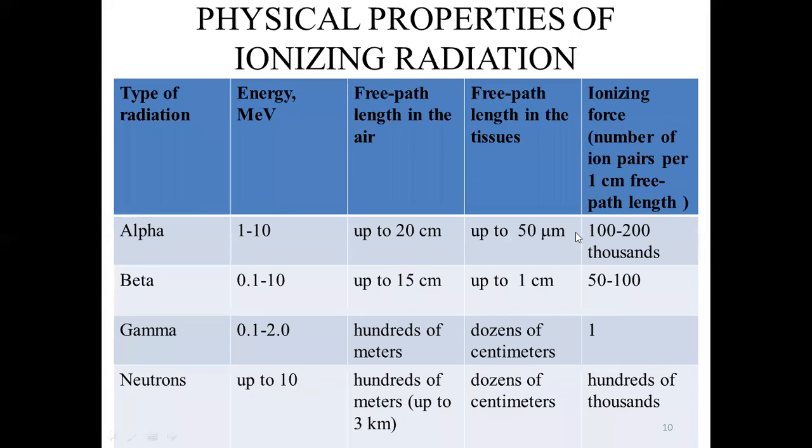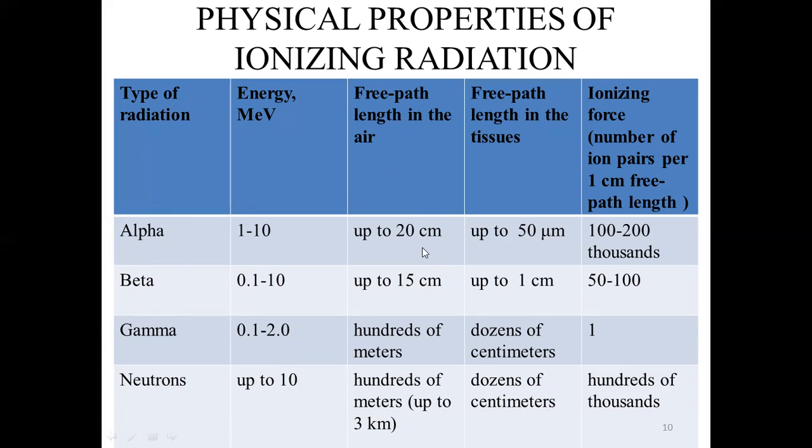In this table, you can see physical properties of ionizing radiation. So the type of radiation: alpha, beta, gamma, neutrons, the characteristic energy in mega electron volts, and corresponding values. Then free path length in the air up to full stop.